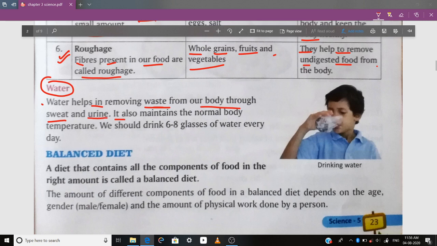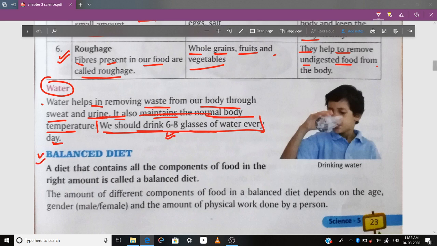It also maintains the normal body temperature. Also, we should drink 6 to 8 glasses of water every day. This is a very important point: 6 to 8 glasses of water every day is required for the healthy functioning of the body.